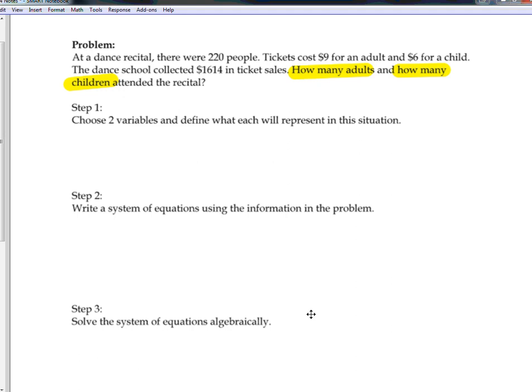Because then I don't have to ask who is x again, who is y. So let's use A to be the number of adults at the show, the number of tickets for the adults sold. And how many children will make C, number of children.